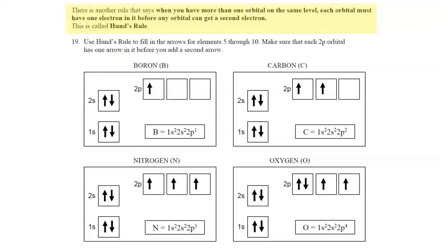So look at the pattern of how the electrons were added to the 2p sublevel, going from boron to carbon to nitrogen to oxygen. So that first electron in the 2p sublevel for boron is an up arrow, but then for carbon, another box was filled with a different arrow.